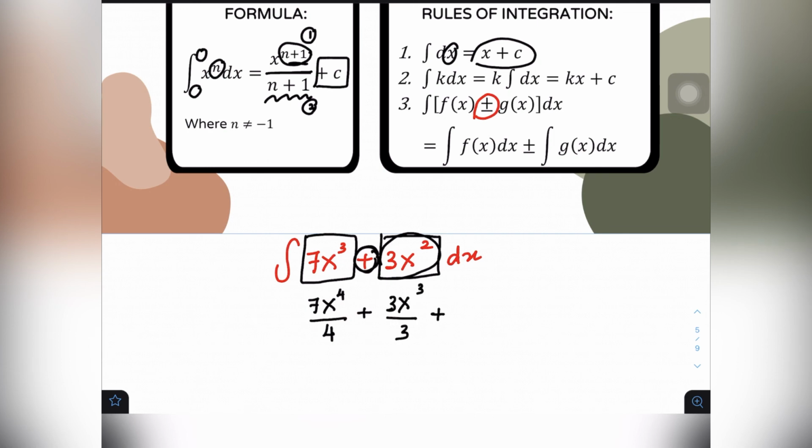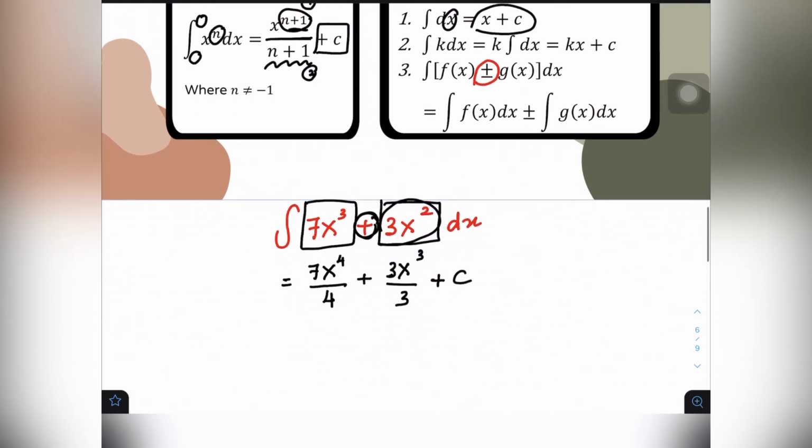And at the end of the answer, you plus c. Now you can simplify: 3 can divide by 3. So the final answer is 7x to the power of 4 over 4 plus x to the power of 3 plus c.